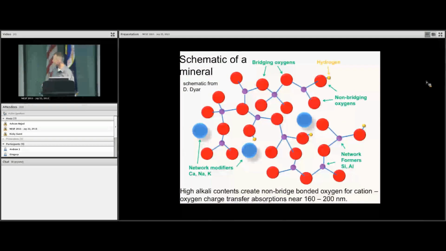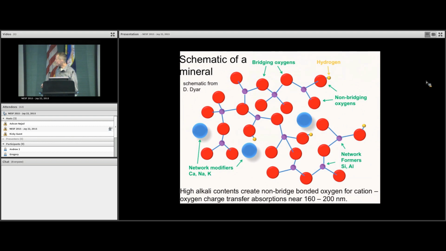This effect, as I just mentioned, comes from the charge transfer between metal and oxygen. Around 350 nanometers, charge transfer between calcium, magnesium, or even better, iron and titanium and oxygen, induces bands around 350 nanometers, 200 nanometers, around there. That's due to the presence of these network modifiers, calcium, sodium, and potassium, shown here for typical silica, and these are the oxygens.